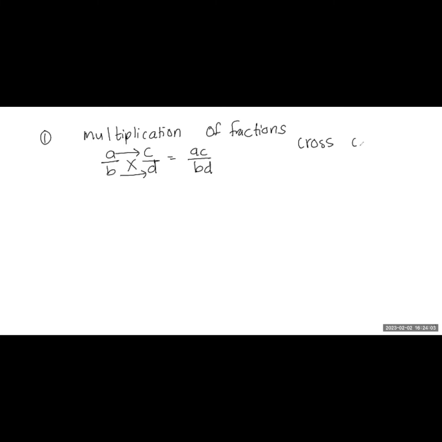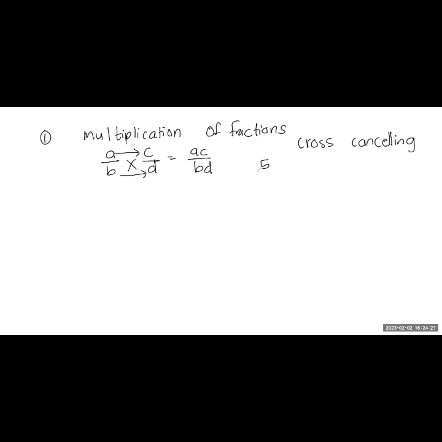So cross canceling, when do we do cross canceling? Only over multiplication. We cannot do this with equal to, we cannot do this with division. It has to be multiplication. We go straight for multiplication, we're going to get a very huge number, and we can cross cancel. And we just went through that example.